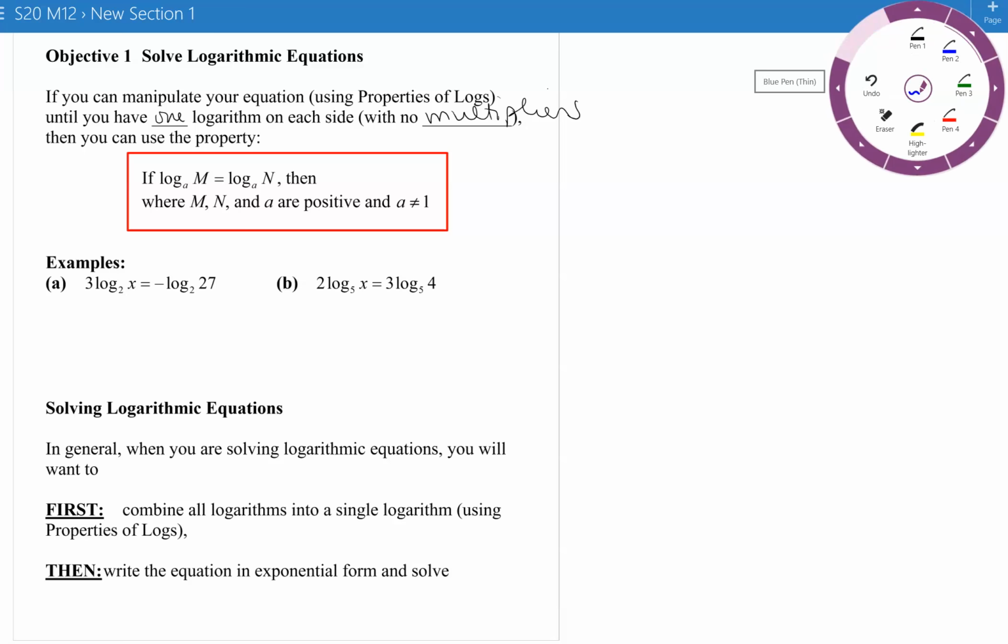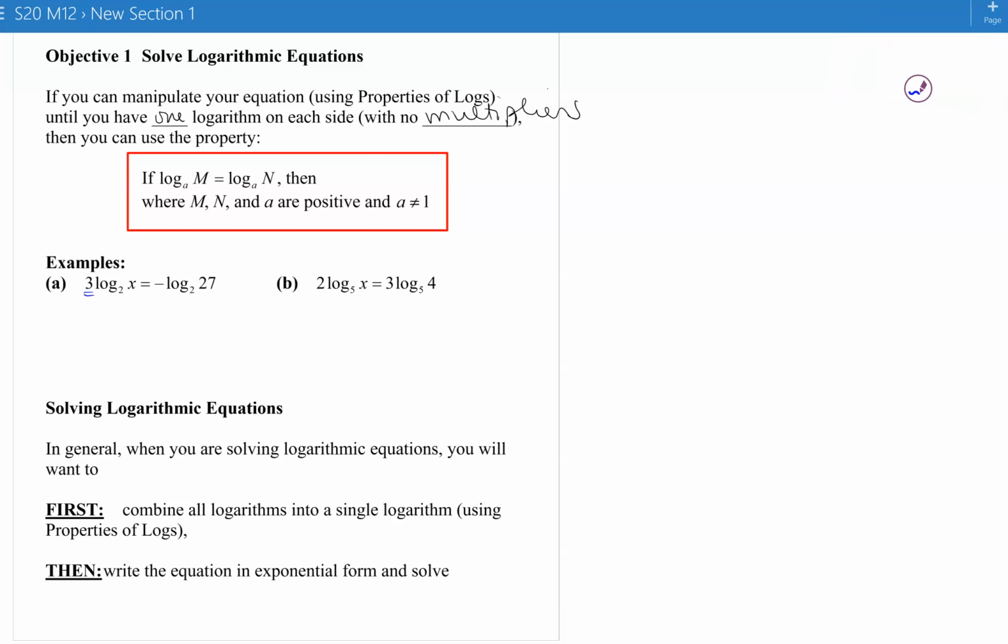So we use the properties of logarithms to take care of this multiplier of 3 and write it as log base 2 of x cubed. So we use the property the other way, bringing the multiplier up as an exponent. And then that has to equal the log base 2 of 27 to the power of negative 1.